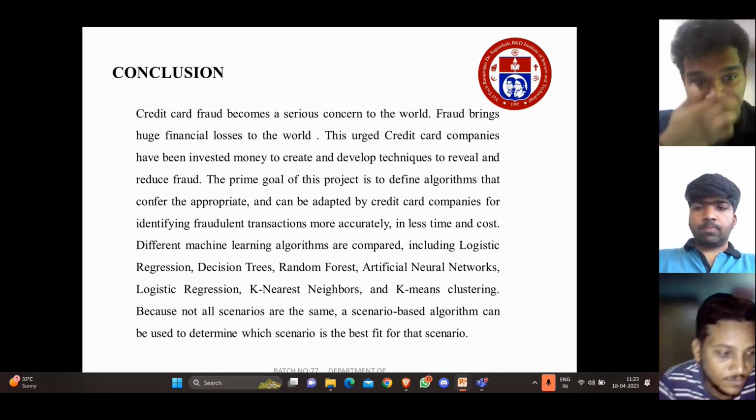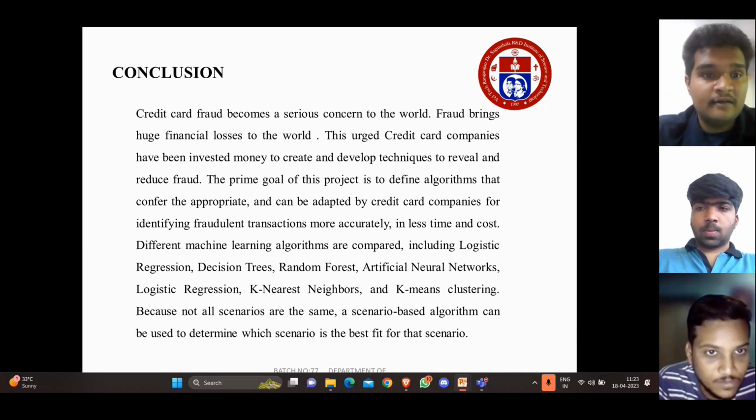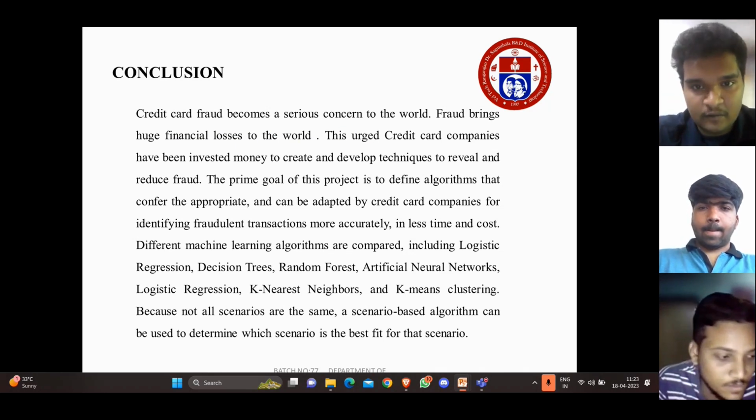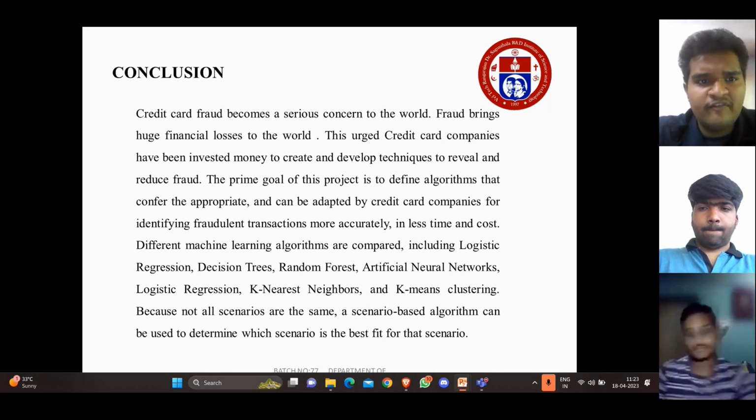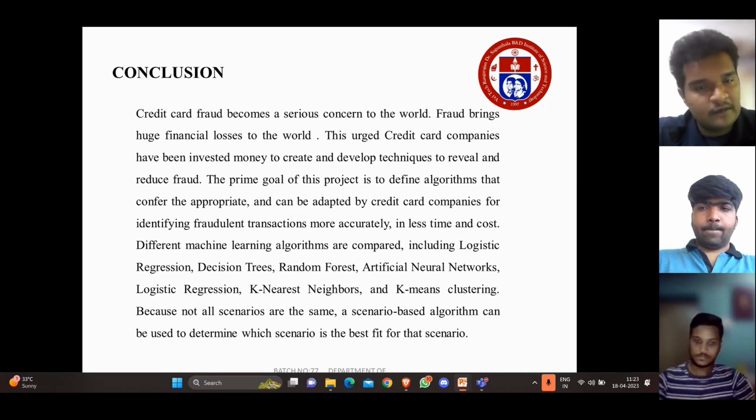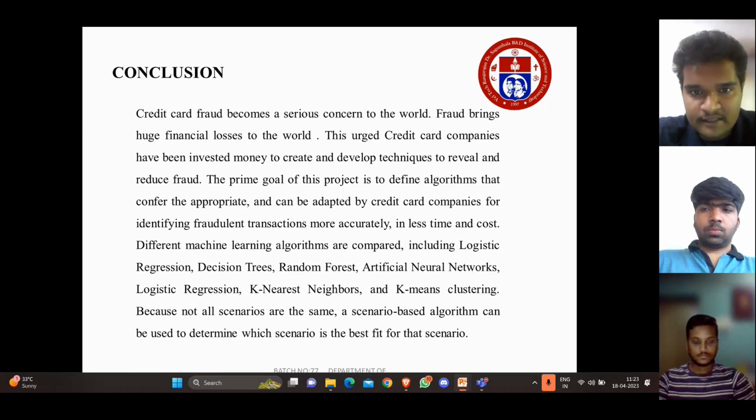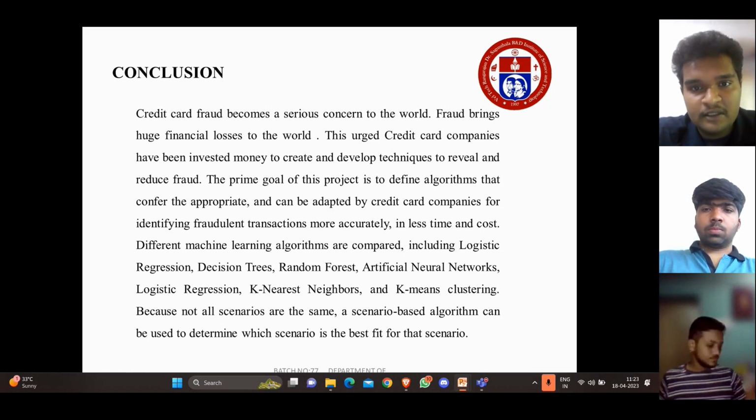So, the conclusion. As credit card fraud becomes a serious concern in the world, it brings financial loss to the world and to all people. As credit card use goes everywhere, fraudulent transactions go everywhere too.